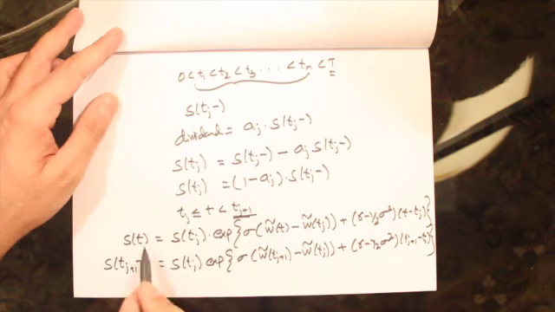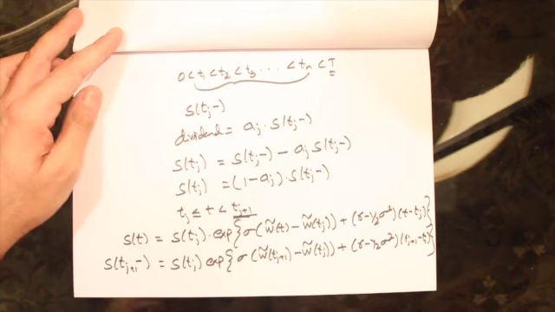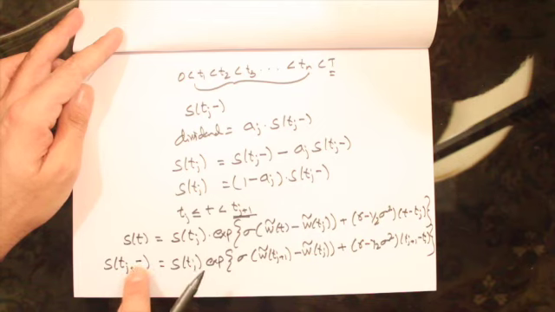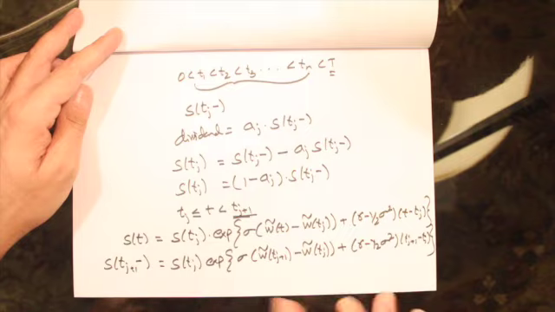Very simple. Instead of T, I'm just substituting Tj plus 1, and I'm putting a minus here because we're modeling the stock as a geometric Brownian motion, and that gives us the value of the stock before the dividend gets paid out. That's denoted by S of Tj plus 1 with this minus sign.